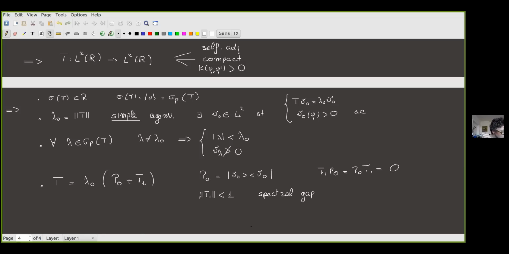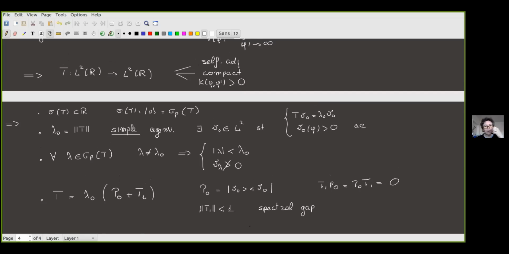And I think I wrote everything. So all these properties go under the name of Krein-Rutman theorem. Or if you're talking about matrices, this is simply Perron-Frobenius.